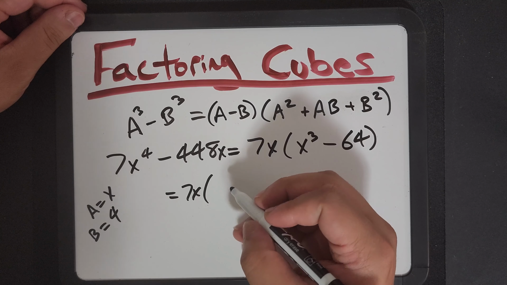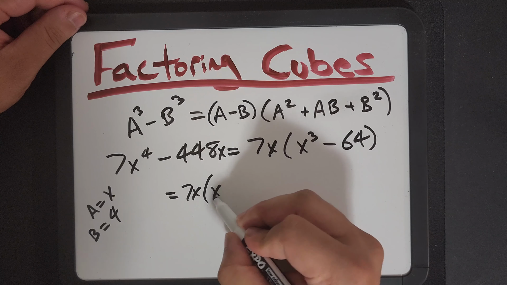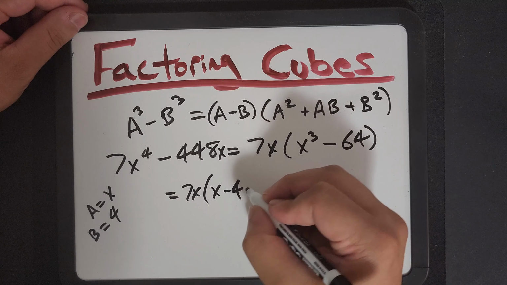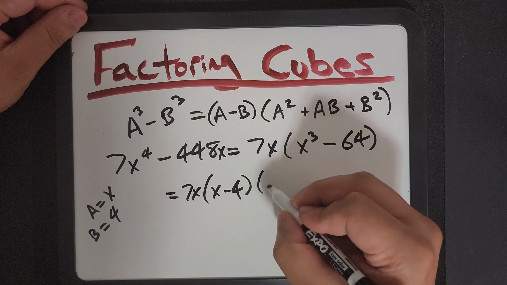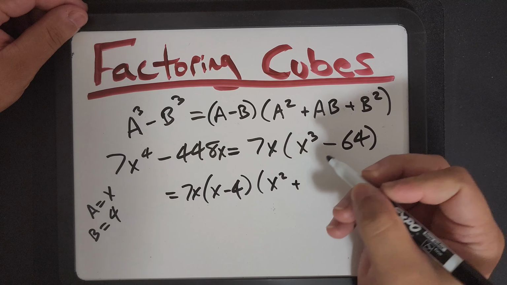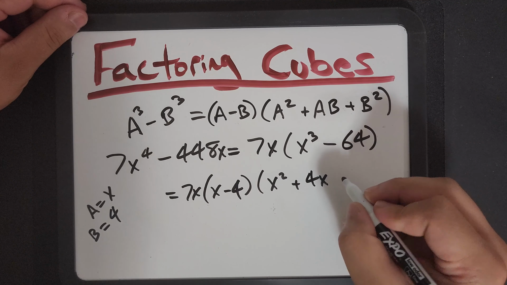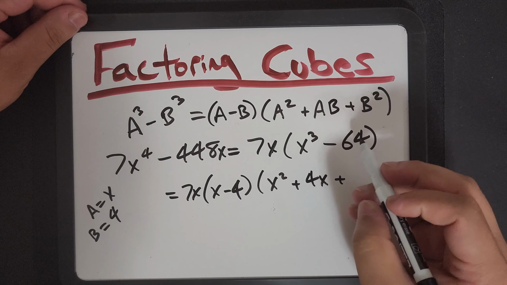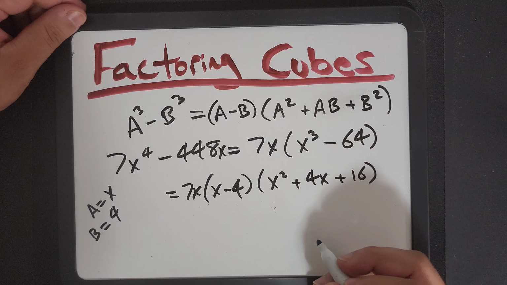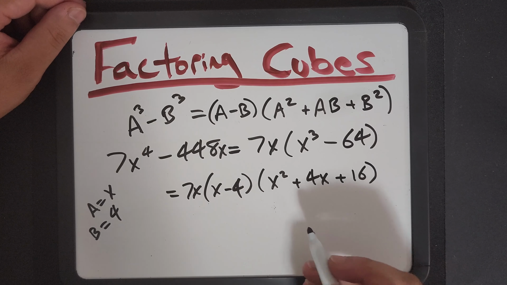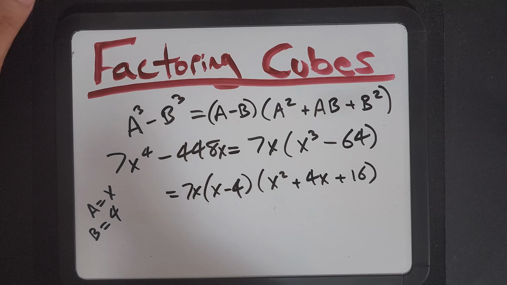So we have a minus b, which is going to be x minus 4, and then we have our a squared, which is our x squared, plus our a times b, which is 4x, and then our b squared, which is 4 times 4, which is 16. And there we have it. That is our entire difference right there.